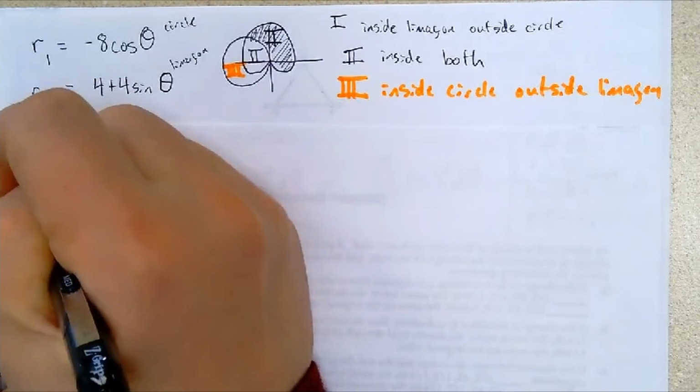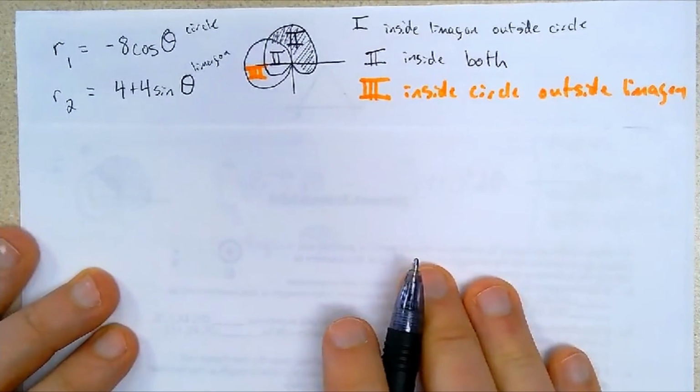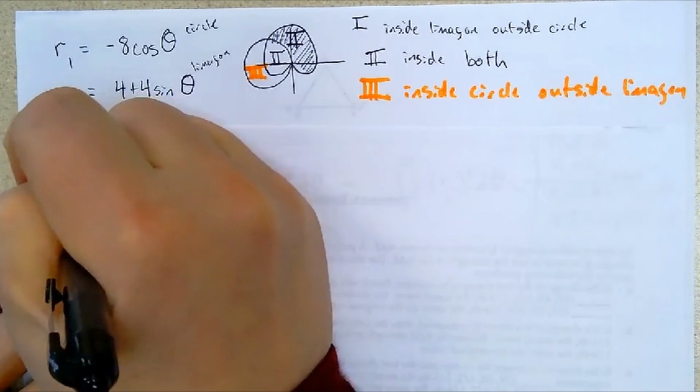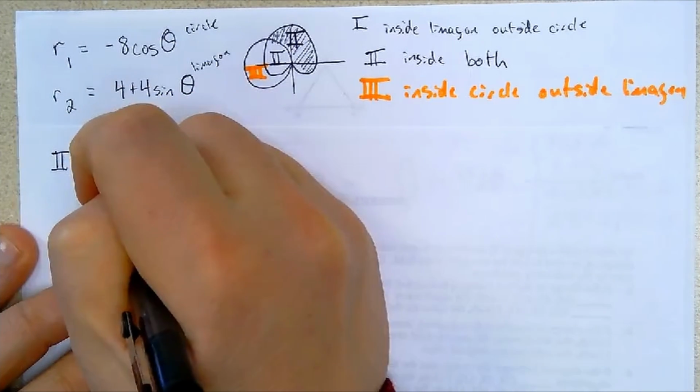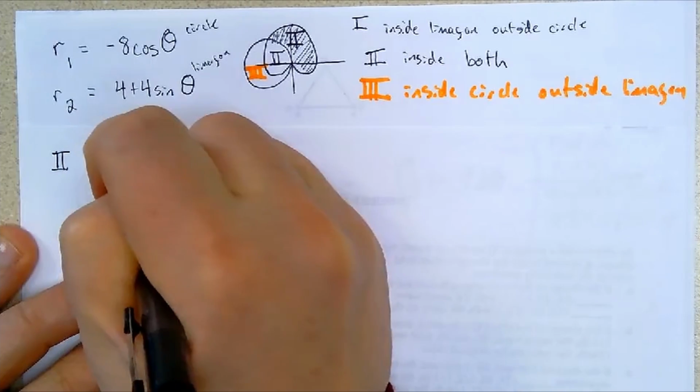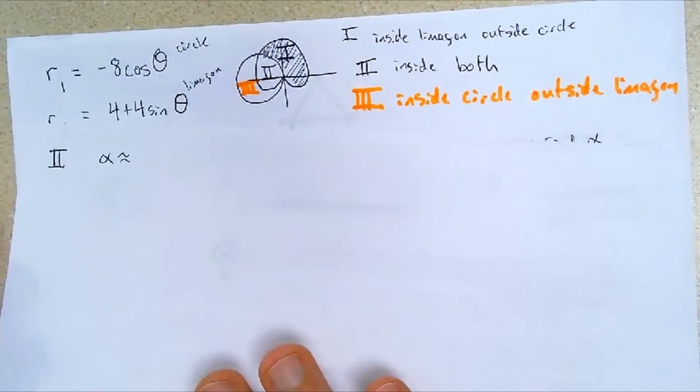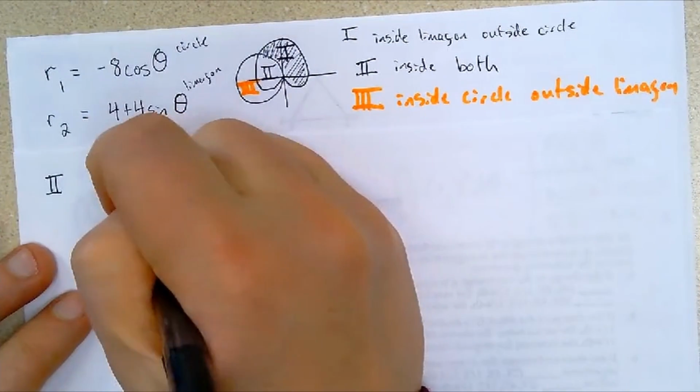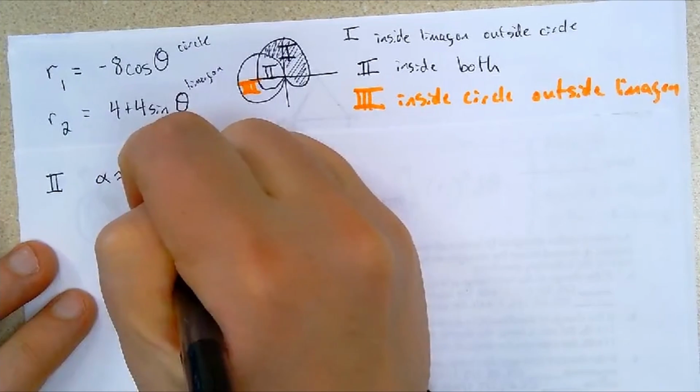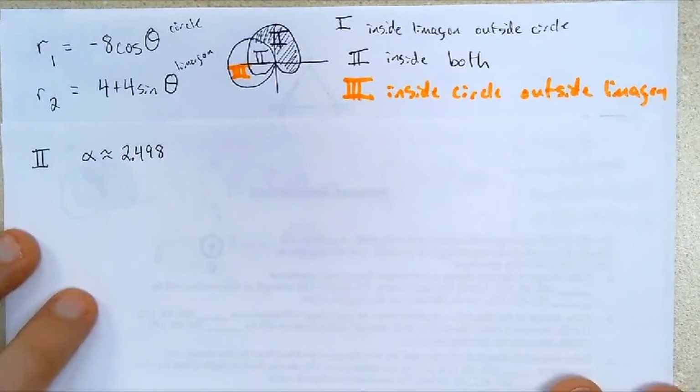Okay, now we're going to find region 2, the area inside both. And we've already established that alpha is approximately 2.498, so I'm going to leave that information right here to access.